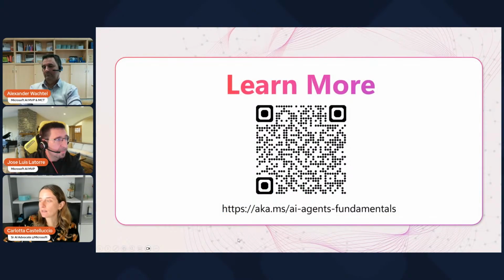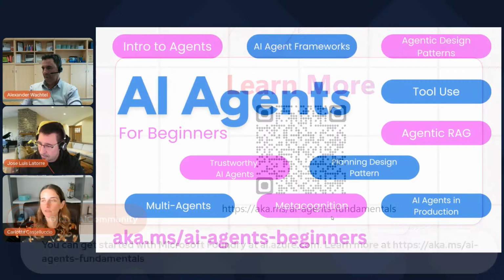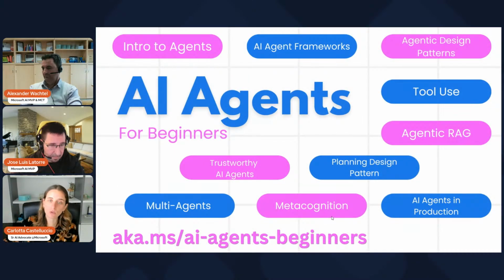And then we recently built a Microsoft Learn module for you to walk through on getting started with building agents on Microsoft Foundry. So if you want to deep dive on all this stuff, on Microsoft Learn, we have a Learn module for you. And finally, we also have an open source course to get started with agent building. So with Microsoft Foundry, with open source frameworks, and so on and so forth, with lots of videos, exercises. So you can really find everything you need to learn more about agentic AI in the Microsoft ecosystem.